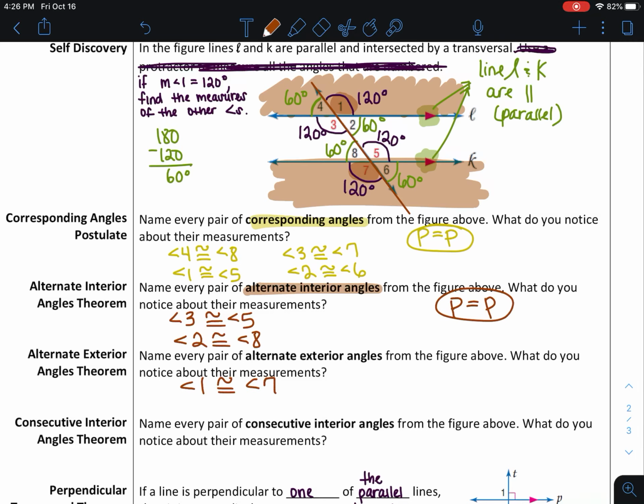And just like with alternate interior angles, alternate exterior angles are also equal to each other. They're congruent to each other, so this is still part equals part. And also, we have angle 4 and angle 6. And they are also alternate exterior, which means they're also equal to each other.